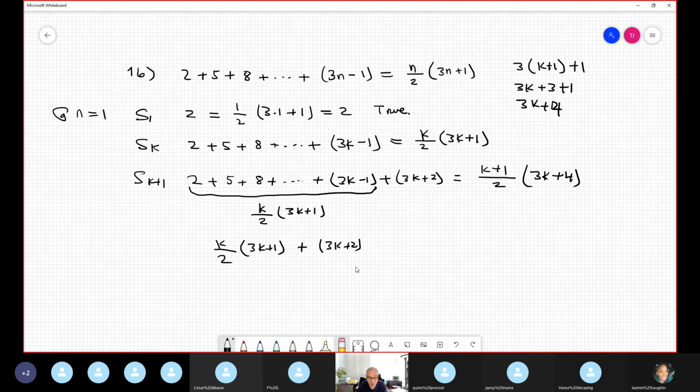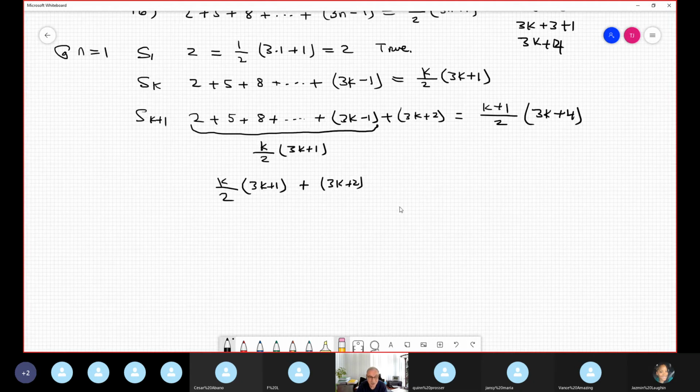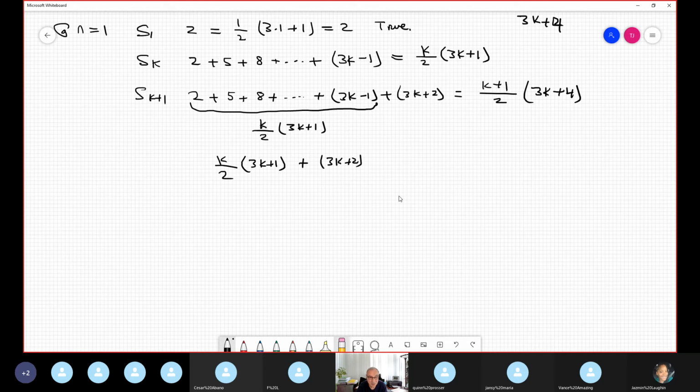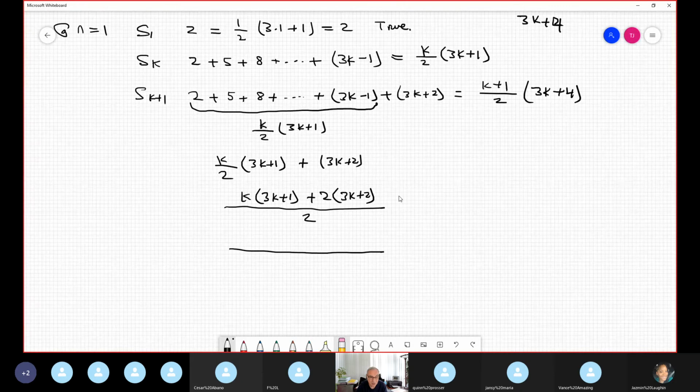Now there are many ways to manipulate this. However, in my opinion, you condense using a common denominator: k times (3k plus 1) plus 2 times (3k plus 2).